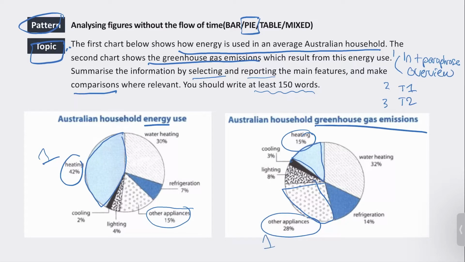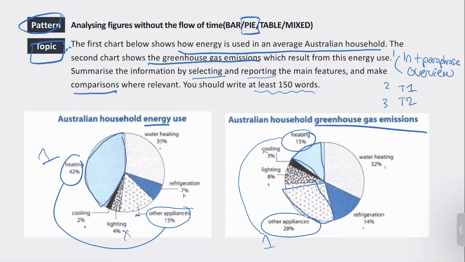Okay, so maybe the first thing I'm going to do is compare these features. While heating uses a lot of energy but gives little greenhouse gas, other appliances don't use that much energy but give out more greenhouse emissions. So I'm going to compare that. I think that would be a good comparison to make. And then I would probably talk about how cooling and water heating are almost the same, and then lighting and refrigeration actually are doubled.